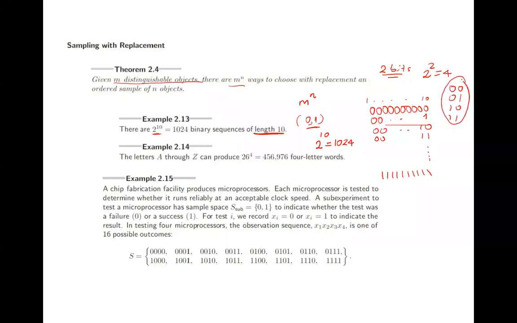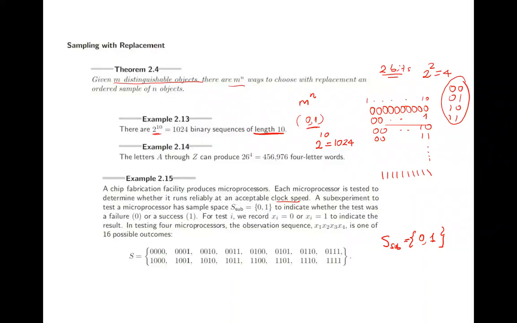Okay? Next example, it's about microprocessors. We have a chip fabrication facility that produces microprocessors. Each microprocessor is tested to determine whether it runs reliably at an acceptable clock speed. A sub-experiment to test a microprocessor has a sample space of 0 and 1. 0 means that the test was a failure, and 1 means that the test is a success.